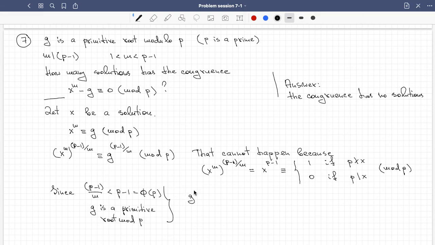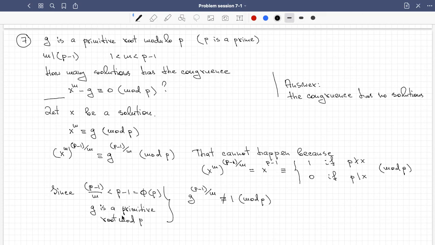So g to the p minus 1 divided by m cannot be congruent to 1 modulo p, because it is a primitive root and p minus 1 over m is smaller than the smallest power to raise g to get 1.